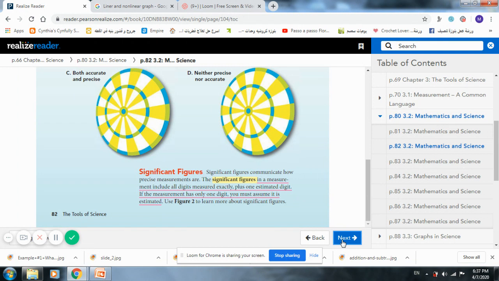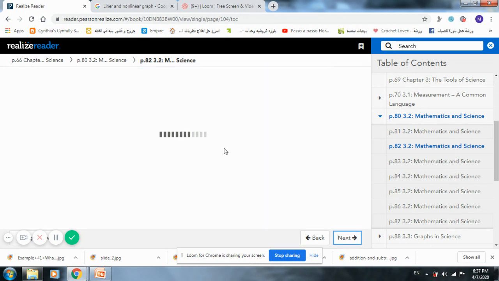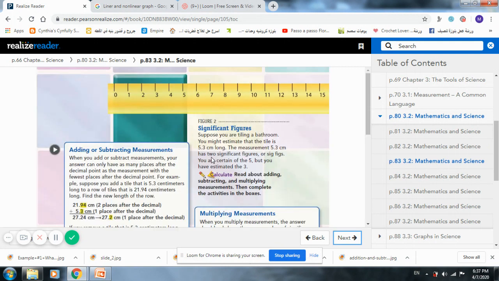If you add 0.1 or if you subtract 0.1, it can change the measurement from true value to not true value. And this figure or number that we add or subtract is called what? Significant figure. So let's get started with significant figures by seeing how we add or subtract measurements.